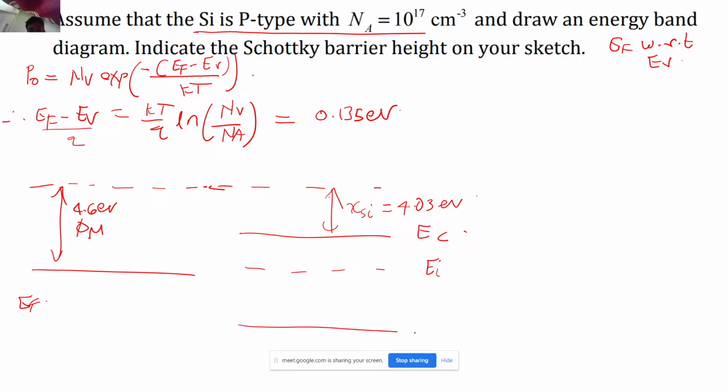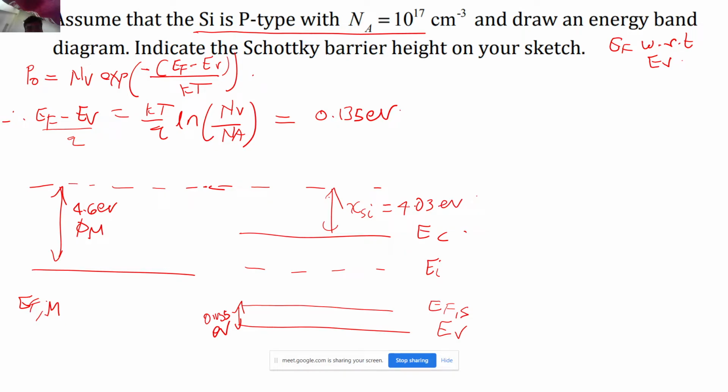Now there will be EV, and there will be EF. See, I'm just drawing it roughly now. I just don't know which Fermi level is higher, right? So this is 0.135 eV, correct? Now I have to determine EFM and EFS, their difference. So how can I actually determine it? Let's see how we can do it.